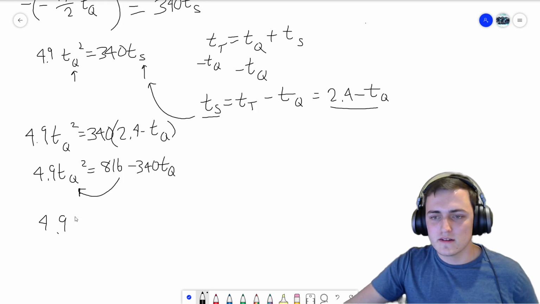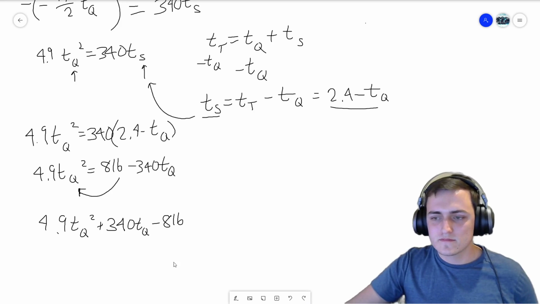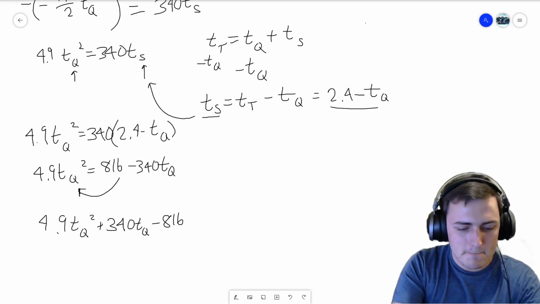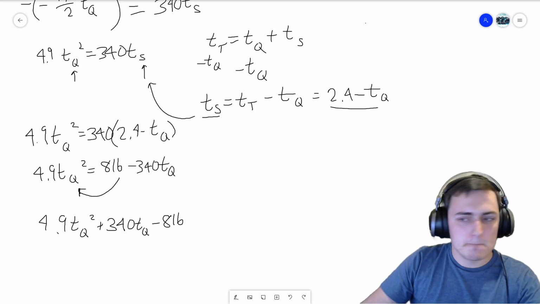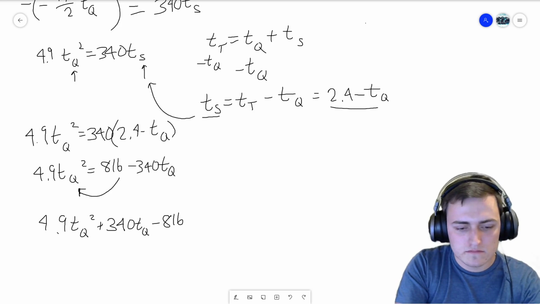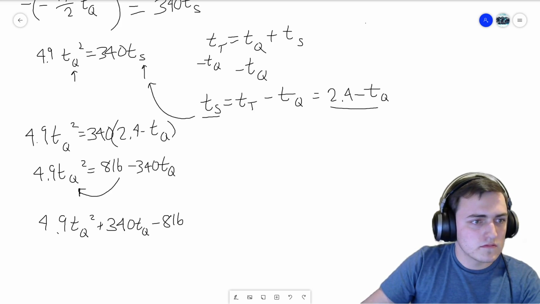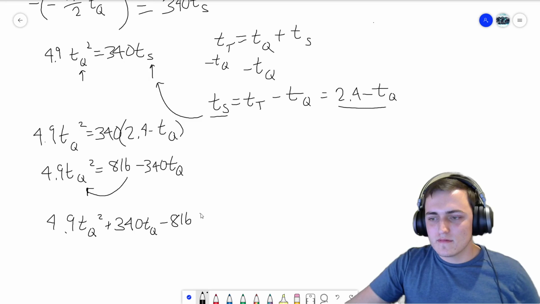We're going to have 4.9 tq squared plus 340 tq minus 816, and this is equal to 0.